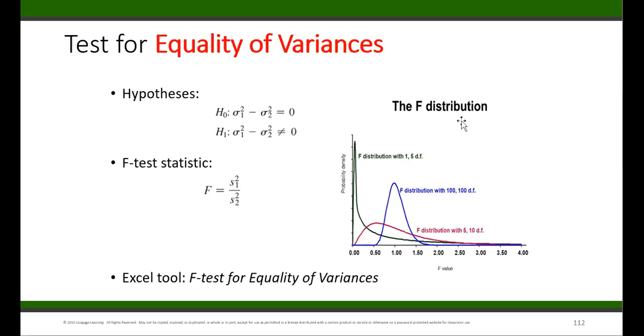So it's up to us to make the adjustment so that we can use the p-value that Excel gives us in order to perform a two-tailed test. I'm going to go to the Excel file and show you how to do that.